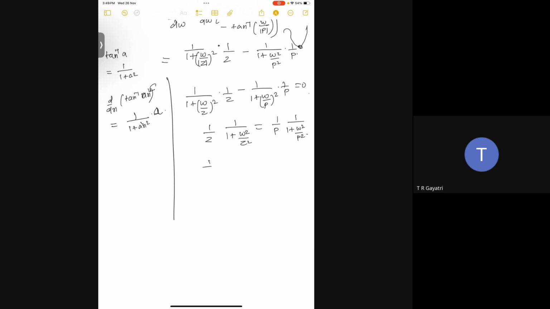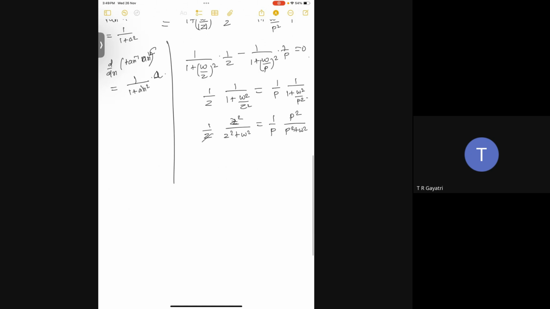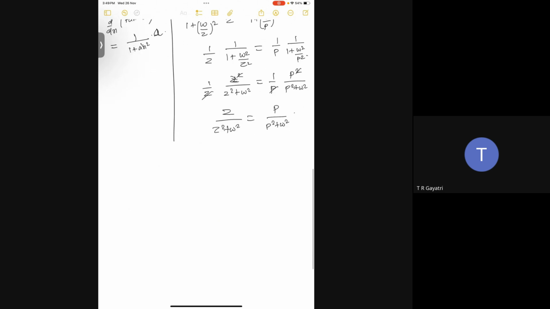This will give me z by (z square plus omega square) equal to p by (p square plus omega square), as the 1 by z square and similar terms get cancelled.